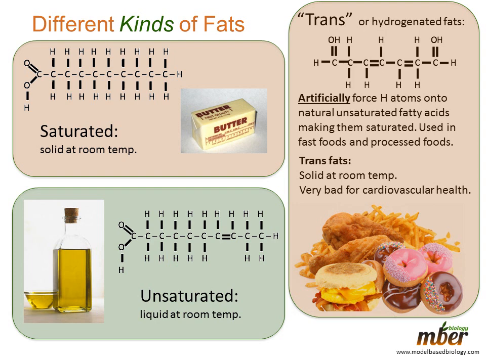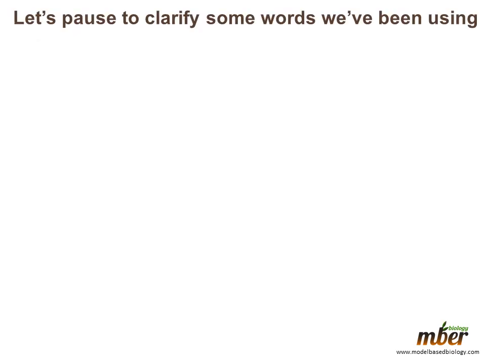And these are just horrendous for your health. So donuts are fried in oil, French fries are fried in this oil. It's all this fried stuff, fried chicken, those all have trans fats, and it's really bad for cardiovascular health. Bad for the heart. Okay.